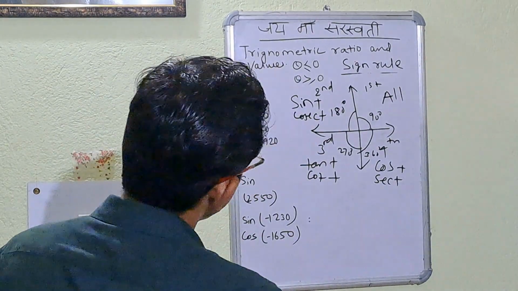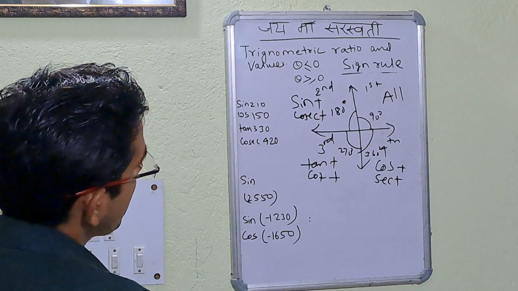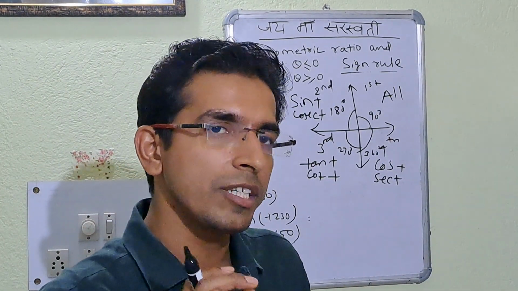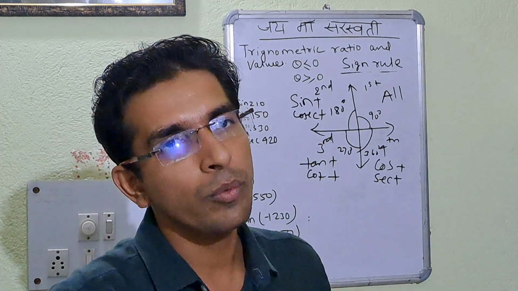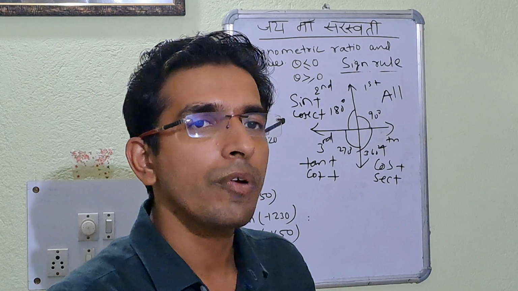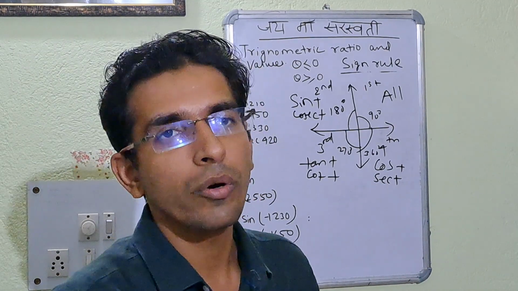So if we are checking up to 360 degree, it is an easy concept. Up to 360 degree, whenever we want to calculate the value of any angle, it is a simple concept.